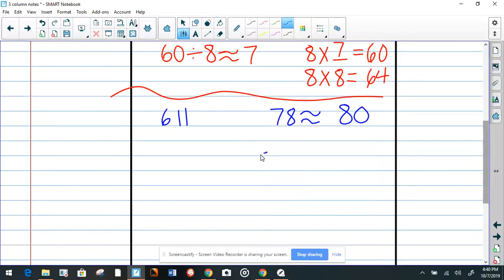What is 80? That's one multiple. What's 80 plus 80? That's 160.